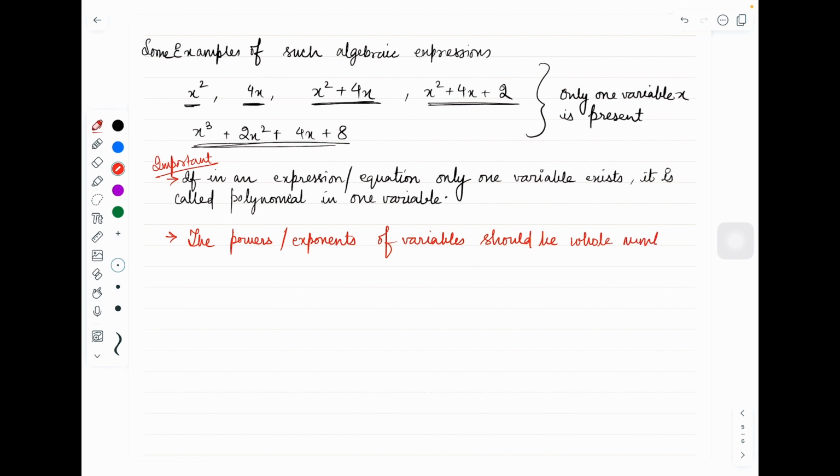This is a very important point. See, in the exercise also, questions related to it are there in the first exercise.